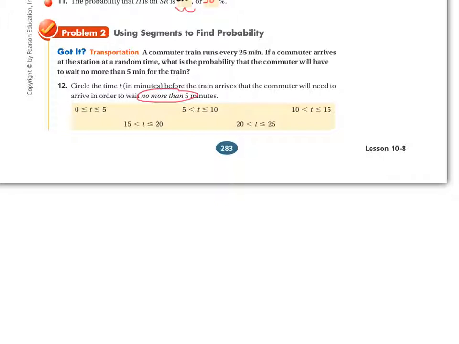But which one shows the time frame at which, when you arrive, the train would have arrived within 5 minutes? Wouldn't it be this one here? Because if when you arrive, the train comes within 5 minutes, that means that you must have arrived somewhere between the 20 and the 25th minute of when the last train had left. Does that make sense? All right, so we're going to use that, and then go to your next page.